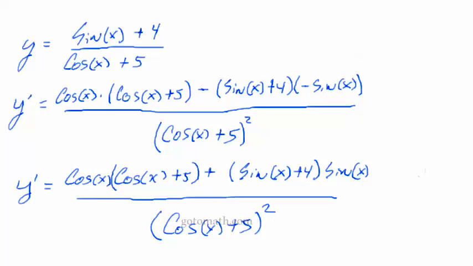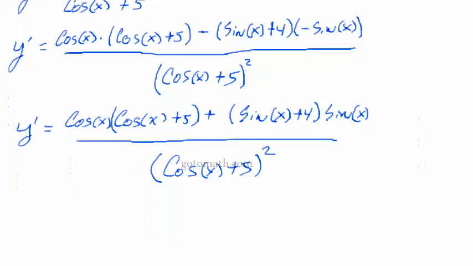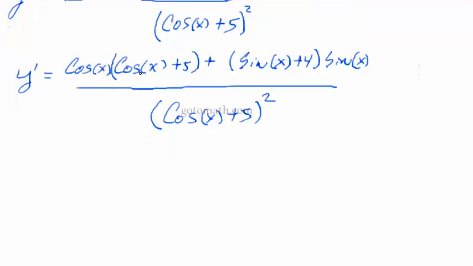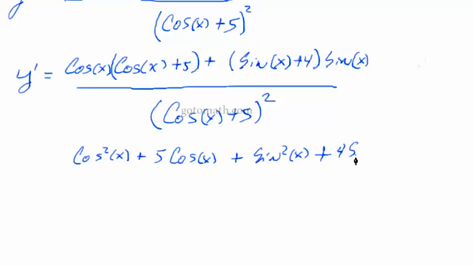Well, it is a little cleaner than that. Cosine times cosine is cosine squared x plus 5 cosine x plus sine squared x, that's this sine x times this sine x, plus 4 sine x.